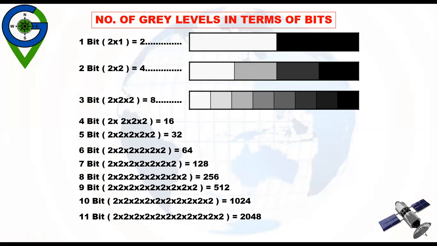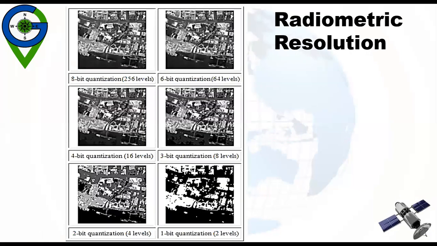If 2-bit data is there, then 4 shades of gray will be there, white, 2 gray and 1 black. Then if 3-bit data is there, then 8 shades of gray are there. And if 11-bit data is there, the number of shades of gray in an image will be 2048.